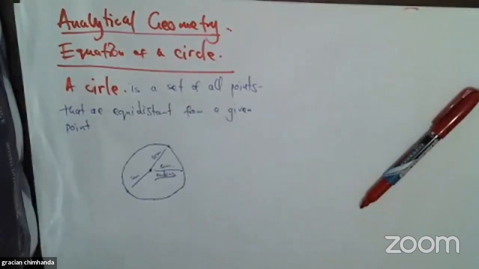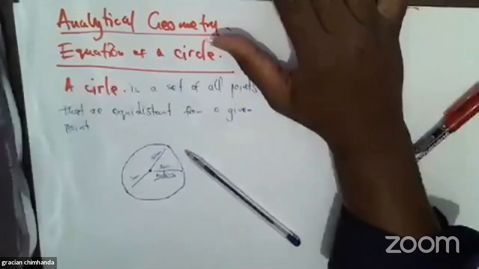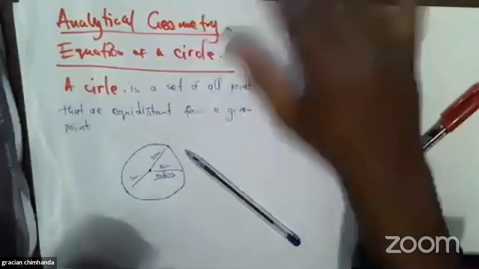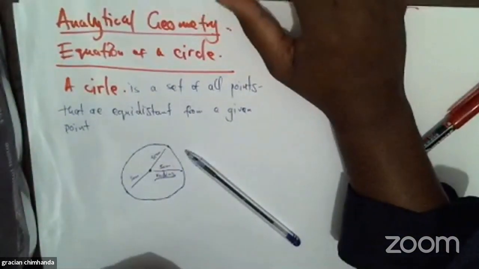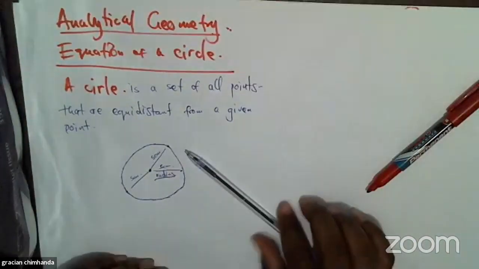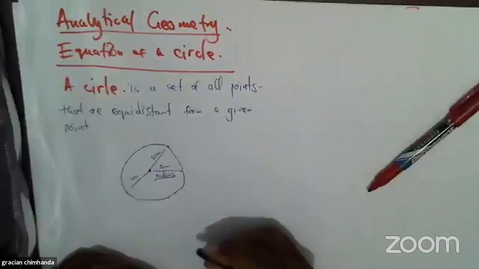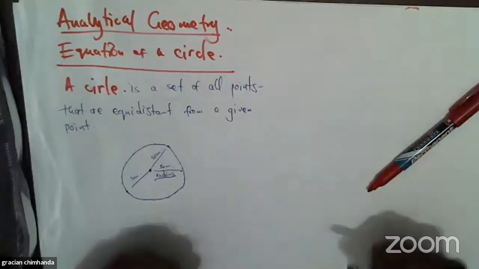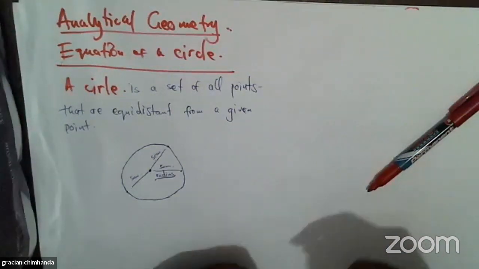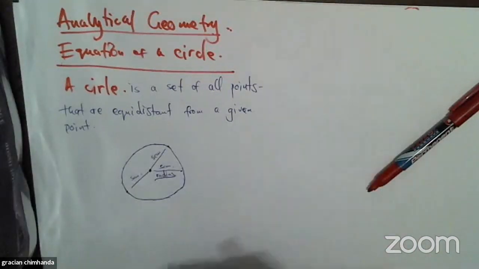What we're interested in now is to find the equation of the circle. So the first thing that we want to note is, what is an equation? An equation is a relationship between important variables of a shape or a property or a line that we want to know.